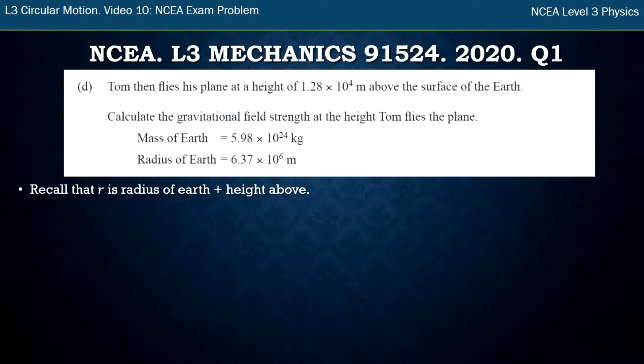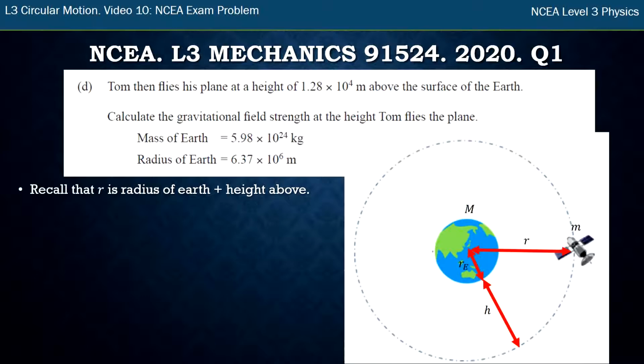But remember, when we use these things with the radius of the Earth, these calculations, we use it for things in orbit. But in anything when we're calculating strength of gravity, we've got to take the distance or the radius as the radius of Earth plus the height it is. So in this case, radius of Earth 6.37 by 10 to the 6.